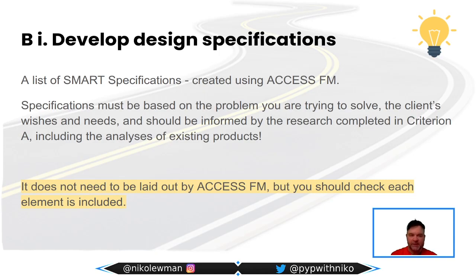Now, your specification must be based on the problem you're trying to solve, the client's wishes and needs, and should be informed by the research completed in Criterion A, including analyzing the existing products. Please note that you do not need to lay it out like ACCESS FM, but you should check each element is included.